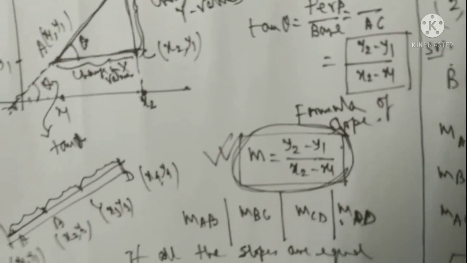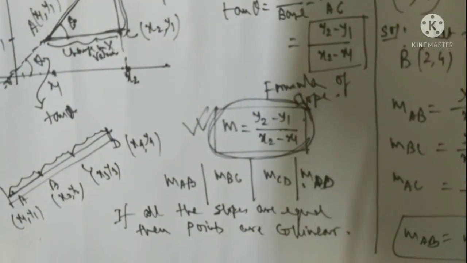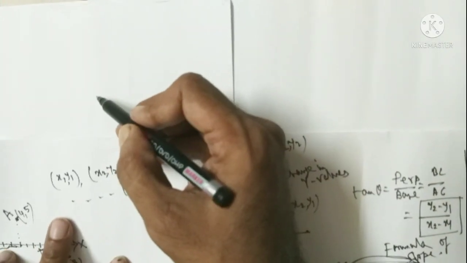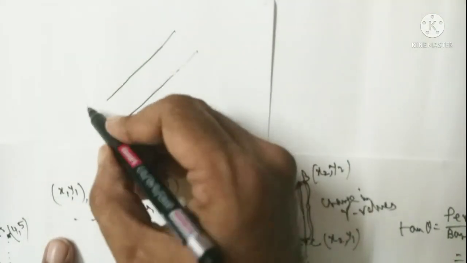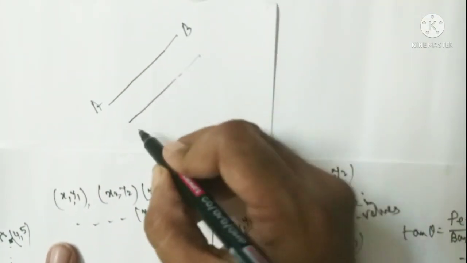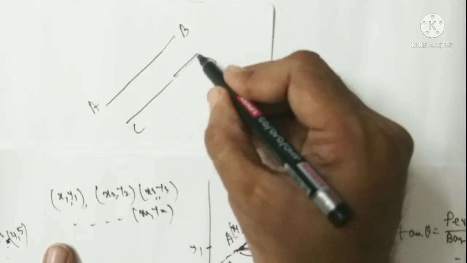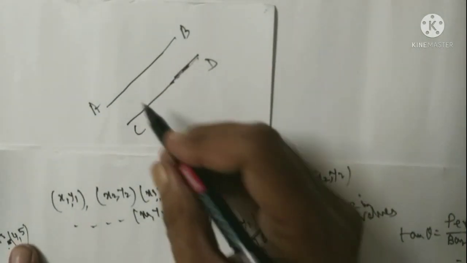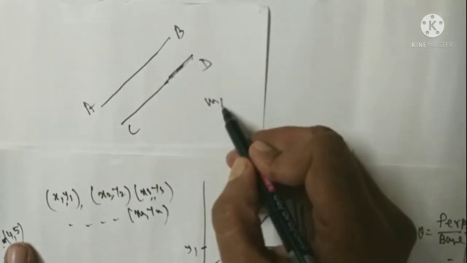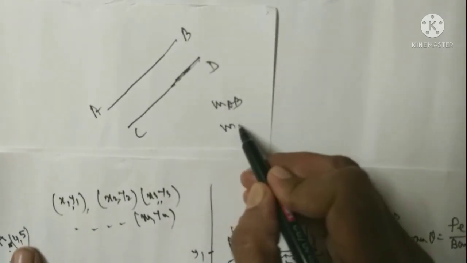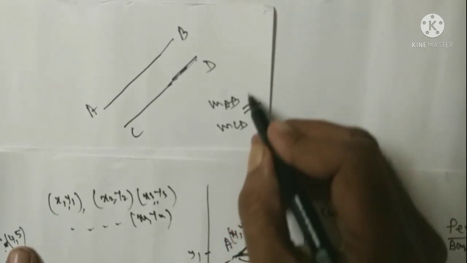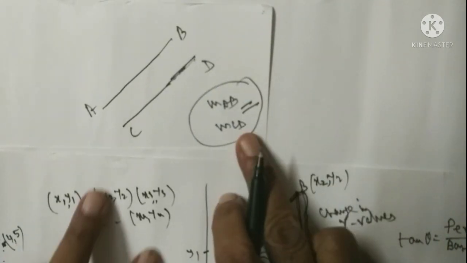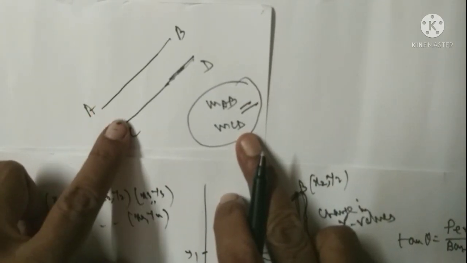Now we focus on another figure. These two lines AB and CD. If I find MAB and MCD separately, and if they are equal, then we can say that these lines are parallel. Why parallel?